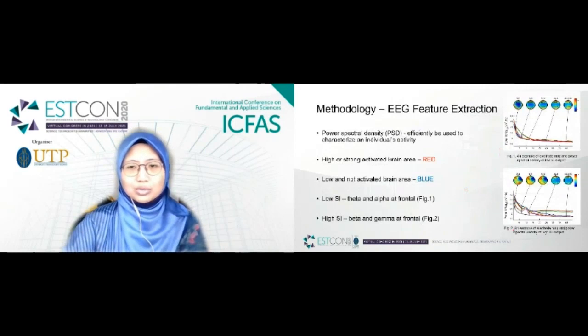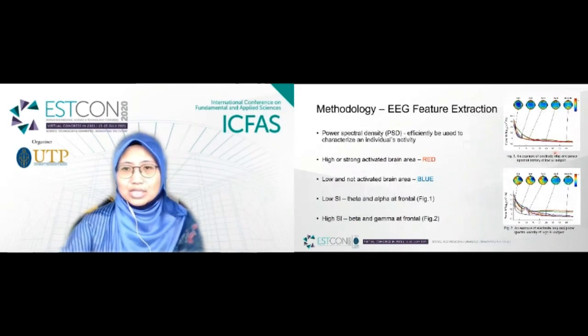Figure 1 and figure 2 show an example. Have a look here at the topo map, where a high or strongly activated area is indicated by a red color. On the other hand, an area which is not activated or lowly activated is indicated by blue color.